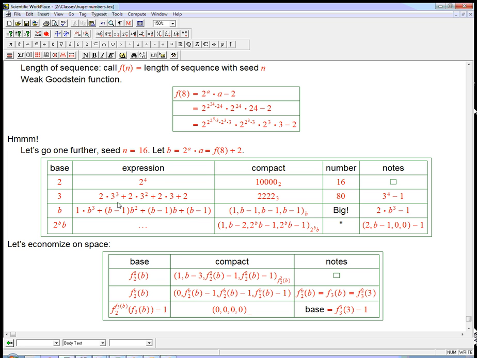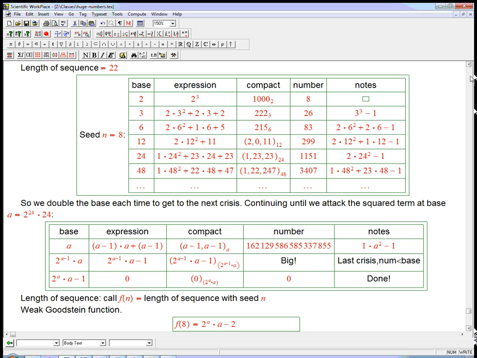And then I'm going to skip all the way to b. Because here's the crucial observation of a lot of this: I know what happens to 2, 2, 2, base 3 as I go forward. That's exactly what was happening up here. That's the sequence for 8. And I know exactly when that part of it dies. It goes to 0 at 2 to the a times a minus 1. And here the minus 1 turns out not to bother us.